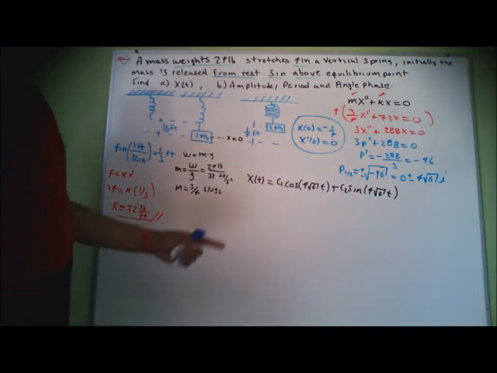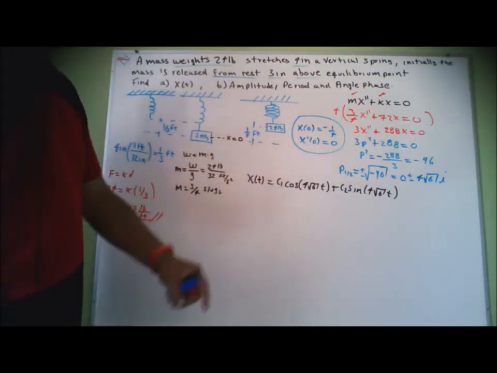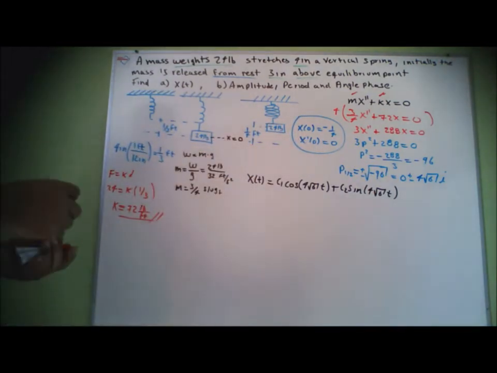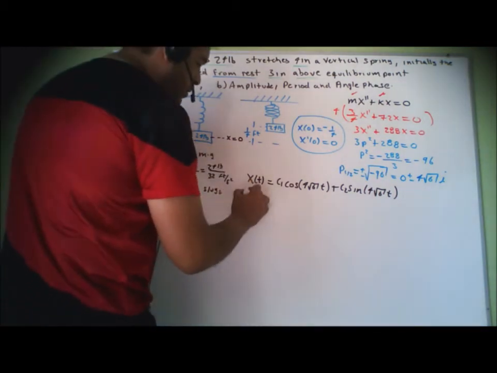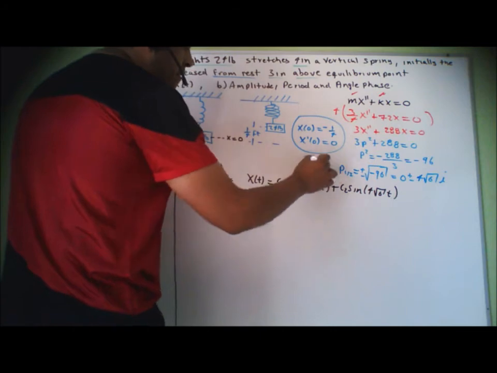Now the first one is on the position, but the second one is on the derivative. So what we need to do here is calculate the derivative. x prime of t is equal to the derivative of this.